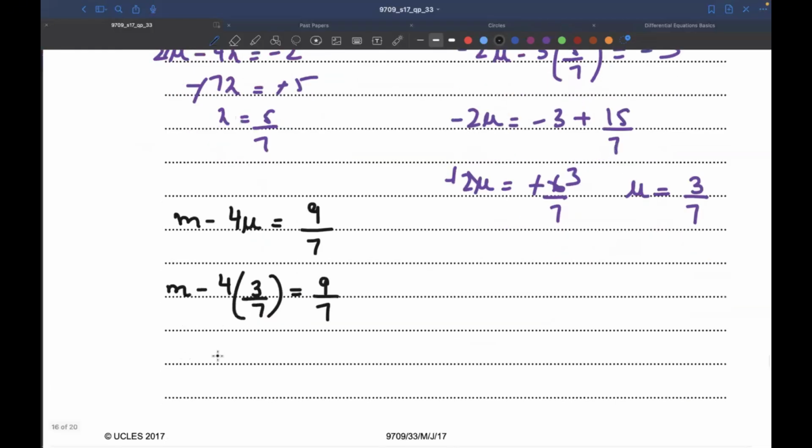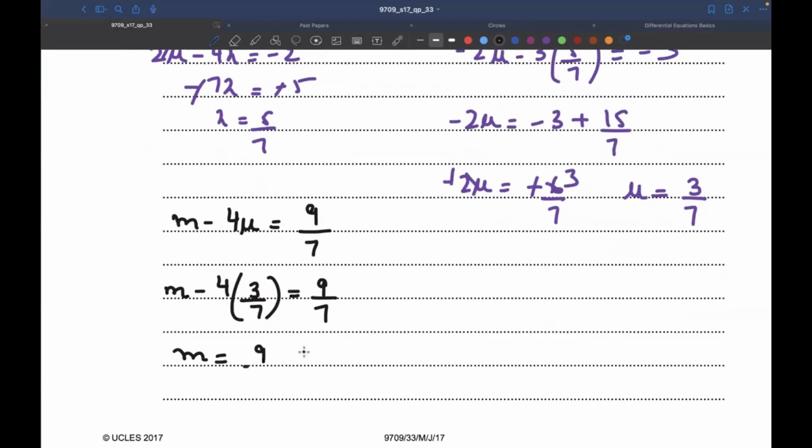So m will be equal to 9 upon 7 plus 12 upon 7. 12 plus 9 is 21, so we can write it as 21 upon 7. And the final answer is m equals 3.